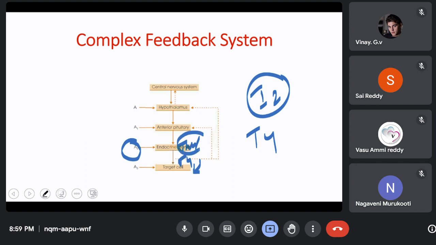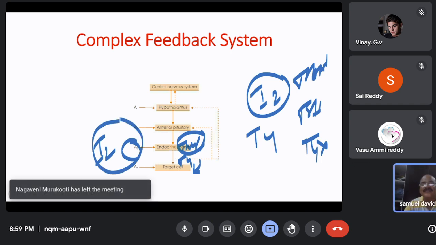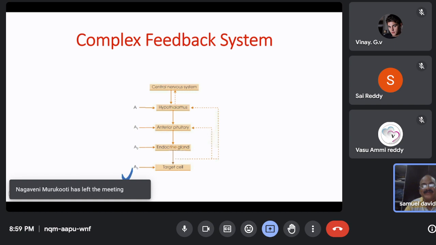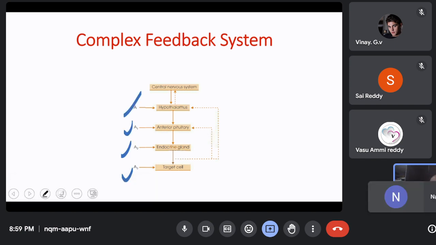For the thyroxine to be produced in the thyroid gland, what is required? Iodine is required. If the iodine is not supplied, even though there is TSH, even though there is TSH releasing hormone, there is no secretion of T4 at all, because there is an external factor, iodine, operating here. So at each level there are other factors controlling the system also.